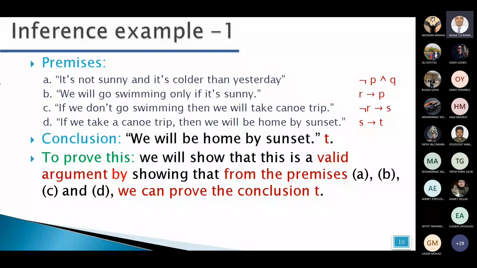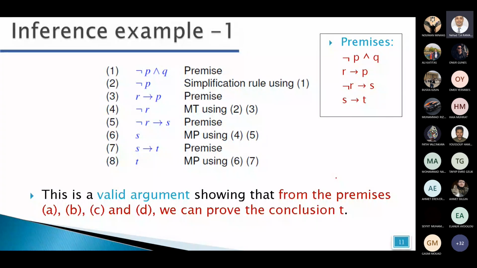In these examples, we have premises and conclusion. We start from the premises to reach the conclusion to prove that this argument that contains premises and conclusion is a valid argument. To prove that it's a valid argument, we start from the premises to reach the conclusion using the logical inference rule and also the logical equivalence rule.